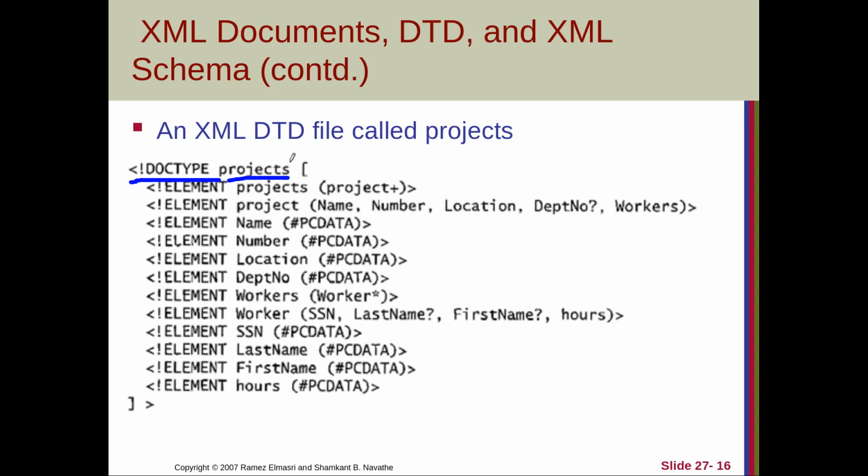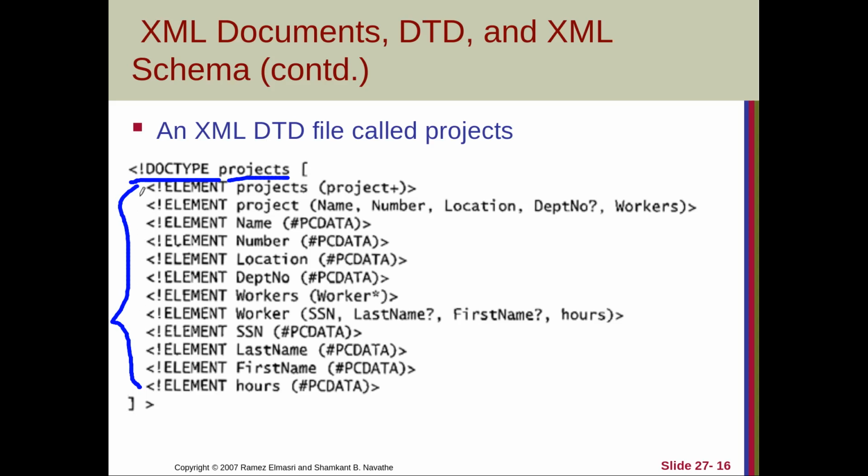Then we open a square bracket. Within these square brackets, we specify different elements and give some conditions for them. So a DTD must start with left angle bracket, exclamation, DOCTYPE, then the root element, square bracket open, and a final square bracket closed.